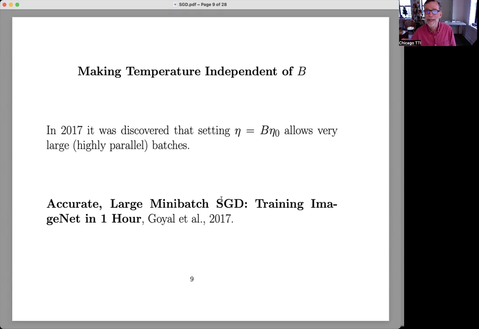This was a big innovation back in 2017 because they realized they could run with very large batches and get training to run much faster. They would reduce a week of training to an hour of training by using these enormous batch sizes, but they had to use this modification of the learning rate schedule.